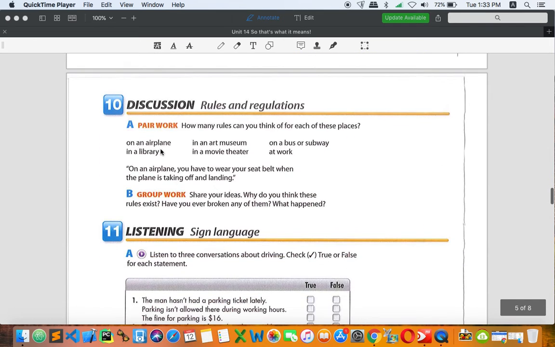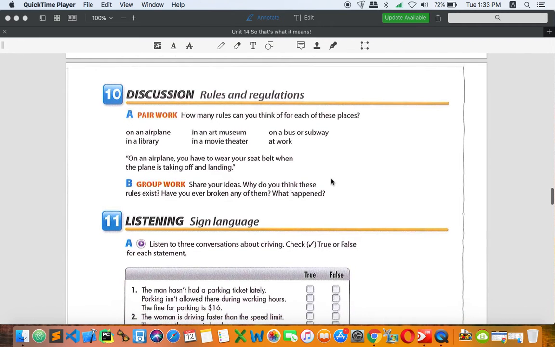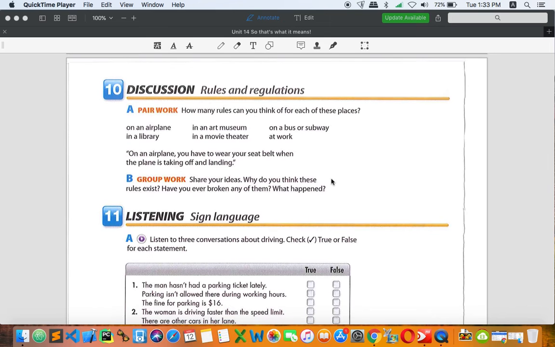Let's begin with on an airplane. If you used to travel by airplane, you know exactly what you have to do, right? For example, you have to wear a seat belt, and you cannot bring sharp objects on board like a knife or scissors.